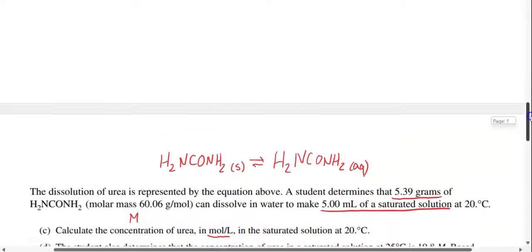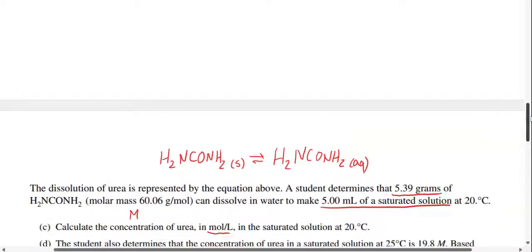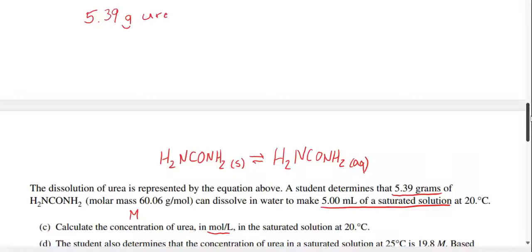So I'm going to convert grams to moles using the molar mass that they've provided me. And I'm just going to write urea so that that's simpler for me, and I don't really need the chemical formula since I don't need to find the molar mass. They've already given it to me.